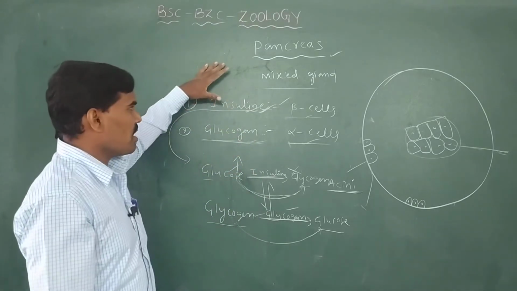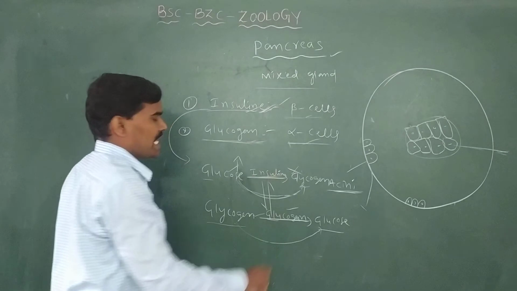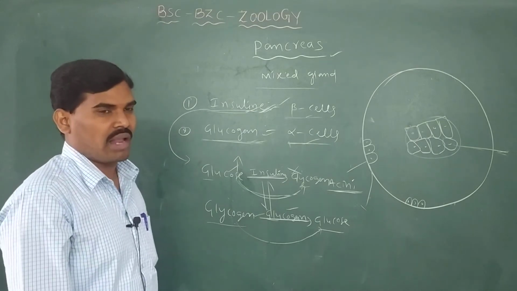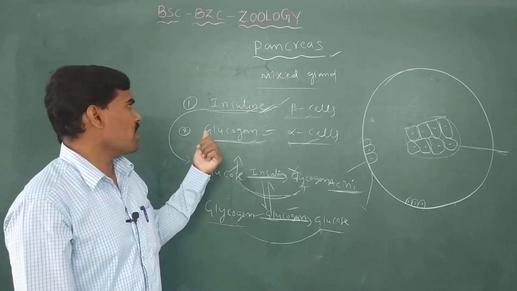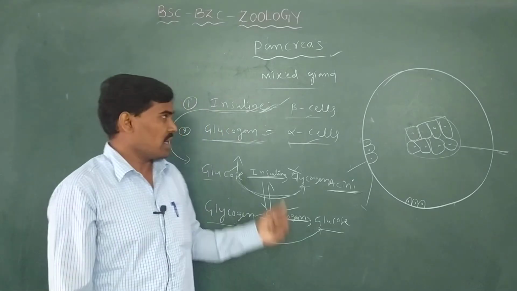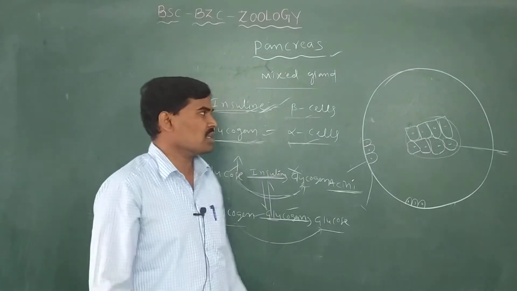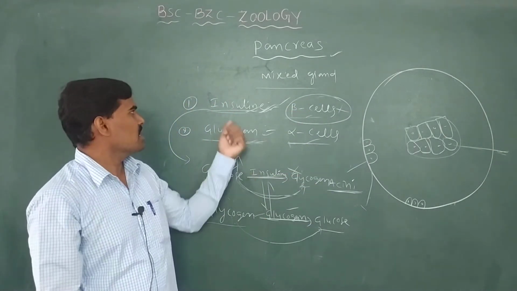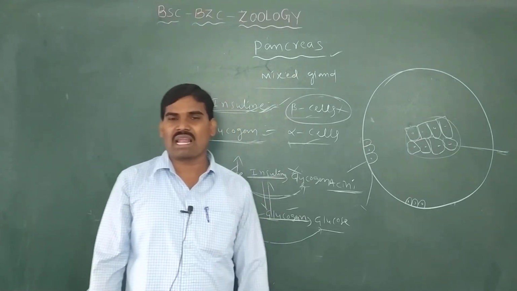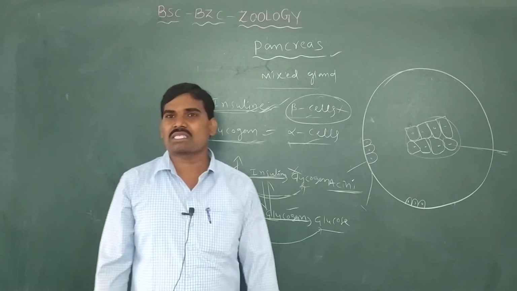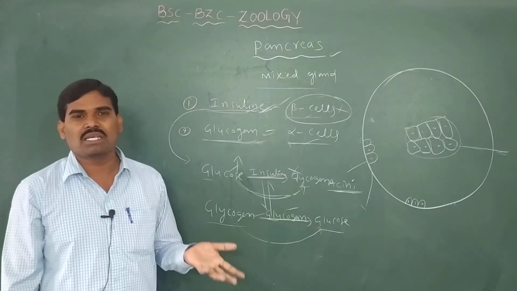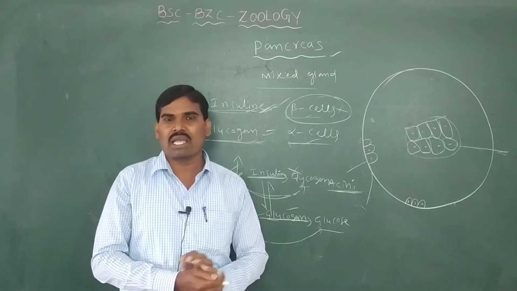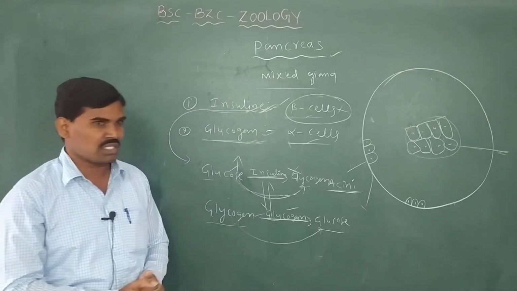Mainly the pancreas secretes two types of hormones, insulin and glucagon. Nowadays a lot of people suffer from diabetes. Many people cannot produce insulin because their beta cells are damaged. Due to the lack of insulin, the glucose level in the blood increases and the body cannot utilize the glucose, so it passes out through the urine.